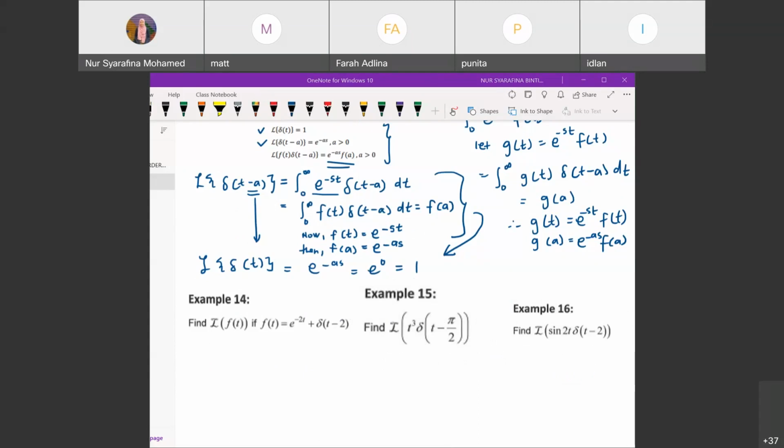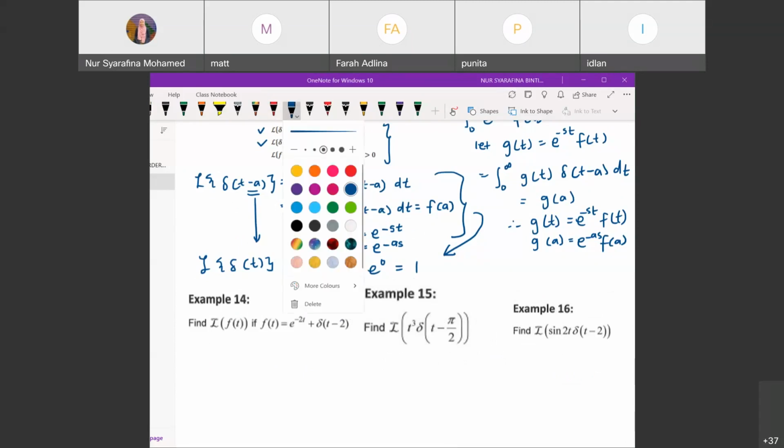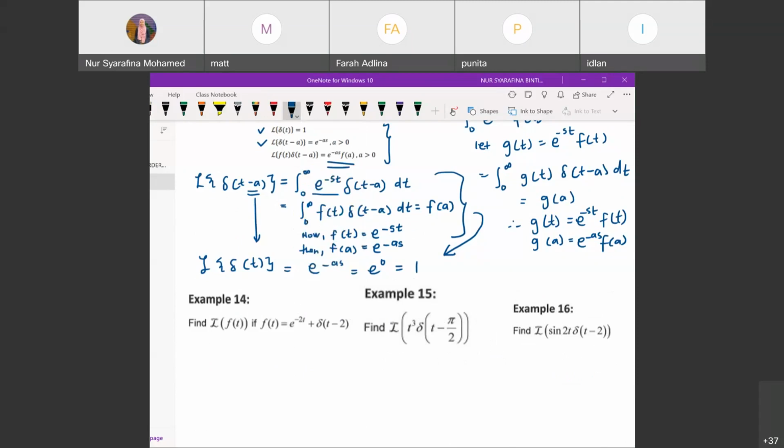The first one is what? The first one is easiest here, where you first apply the linearity property. Transforming e to the minus 2t plus transforming a Dirac delta function of t minus 2.